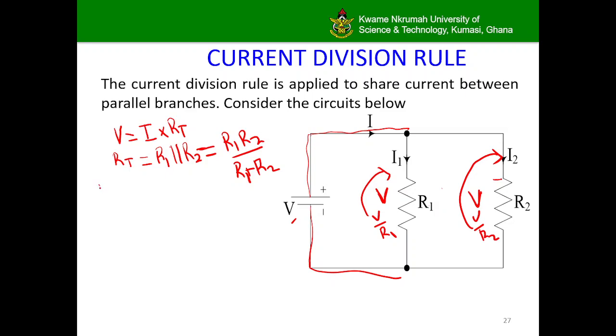What that means is that the total voltage of the circuit V is I R1 R2 over R1 plus R2.